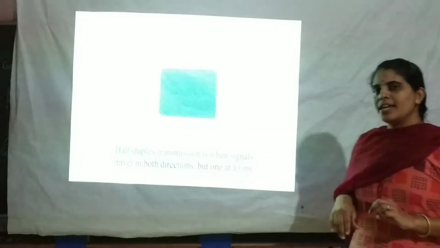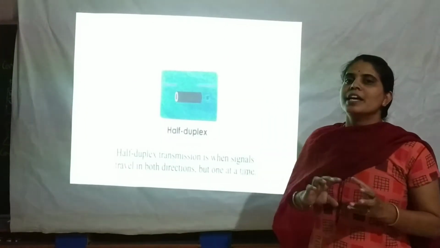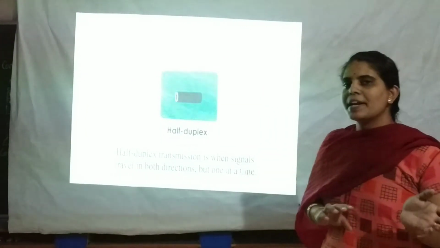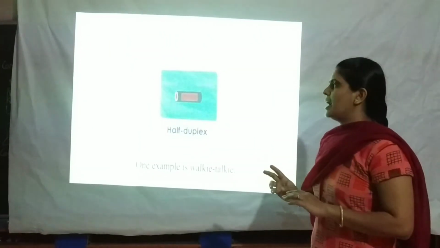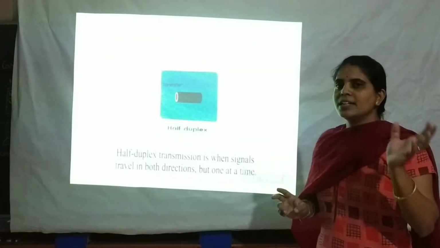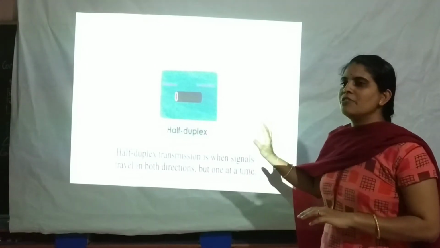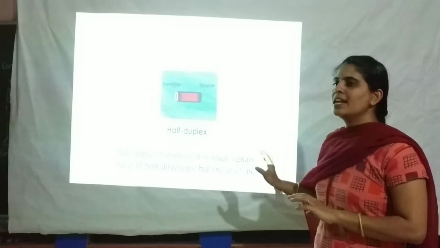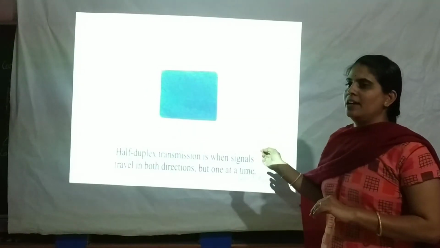Next is the half duplex mode of transmission, in which data can be transferred in both directions but one at a time. That means while the transmitter is sending data to the receiver, the receiver has to wait until the transmitter completes its transmission.